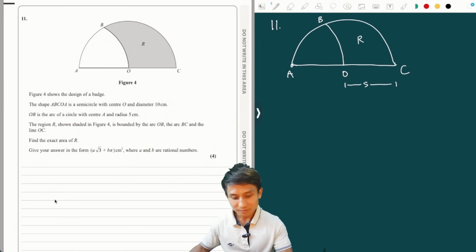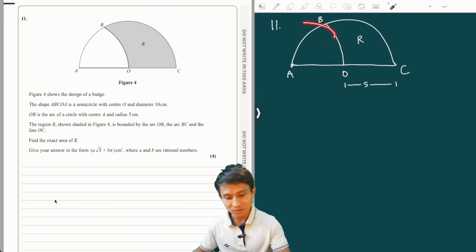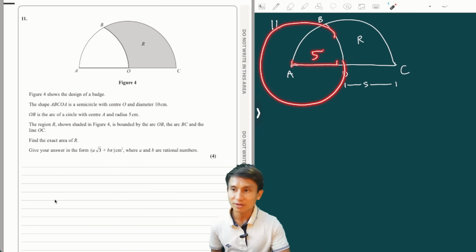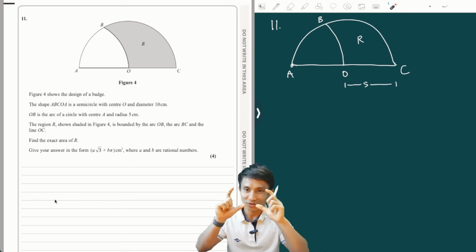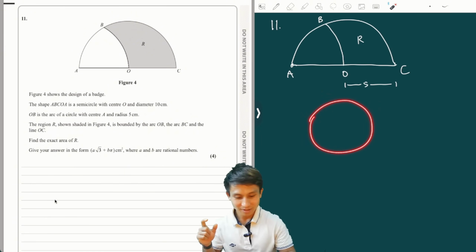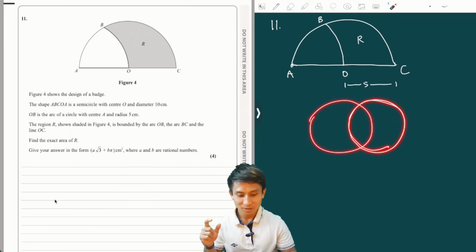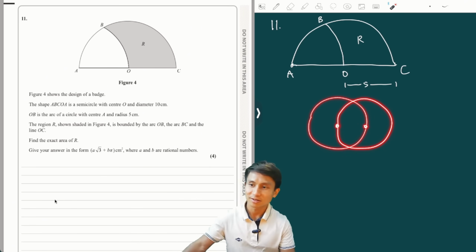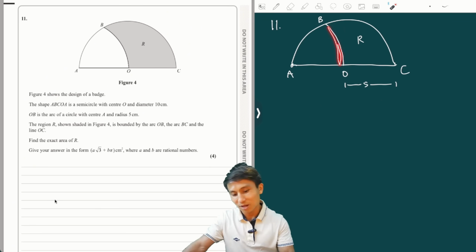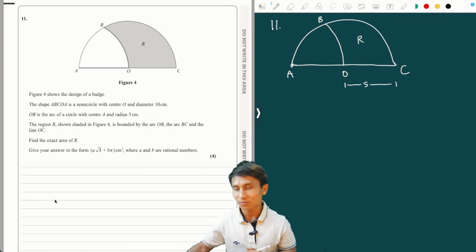It's basically identical circles on top of each other, but they are both passing through the centers of each other, if you think about it.